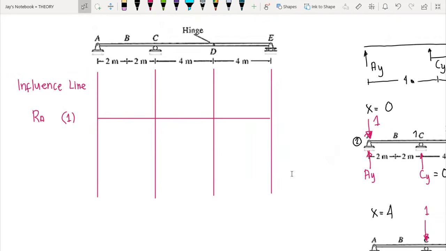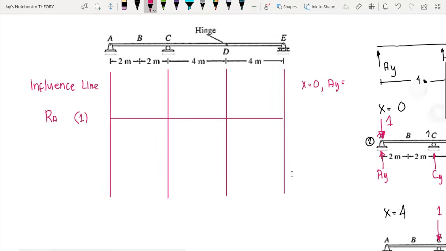So the next thing we do here is to plot the value of our Ay with respect to the value of our x. So if we try to tabulate, when x equal to 0, we computed that the value of Ay is equal to 1, correct?